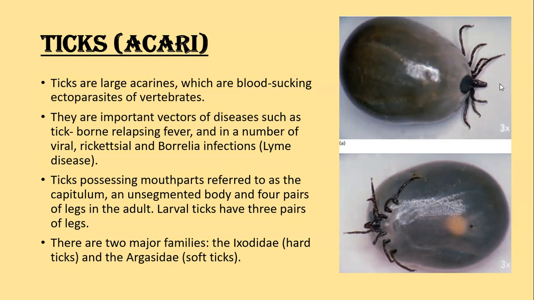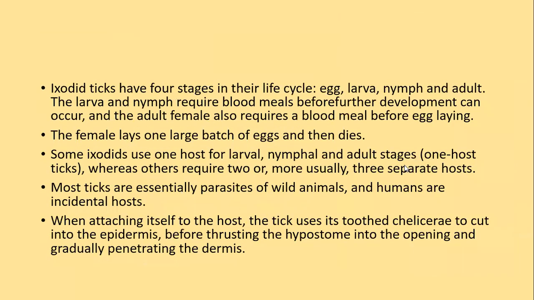There are 2 major families, the Ixodidae, which are the hard ticks, and the Argasidae, which are the soft ticks. Ixodid ticks have 4 stages in their life cycle: the egg, larva, nymph, and adult. The larva and nymph require a blood meal before further development can occur, and the adult female also requires a blood meal before egg laying.